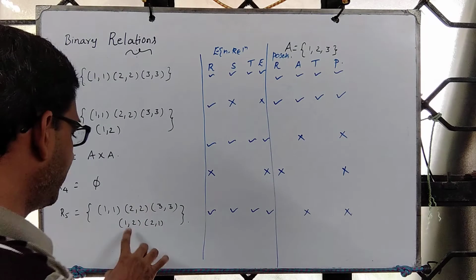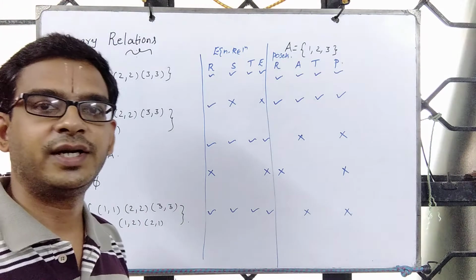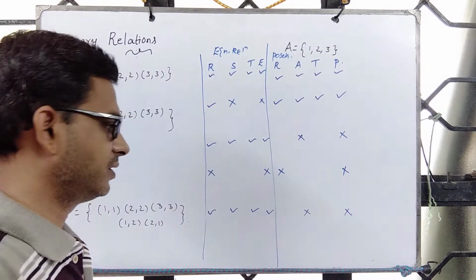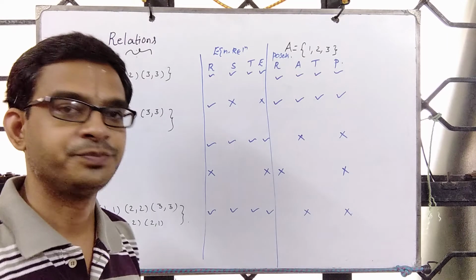But if you find both (a,b) and (b,a), it is symmetric, but you know that a and b are different, so it is not antisymmetric, therefore it is not a partial order.